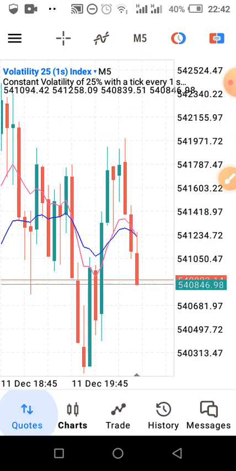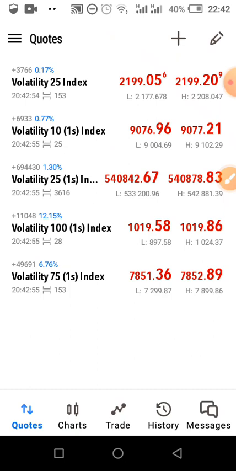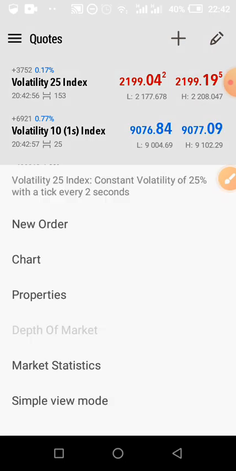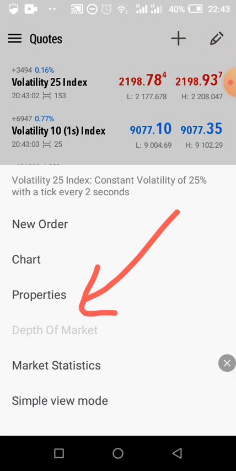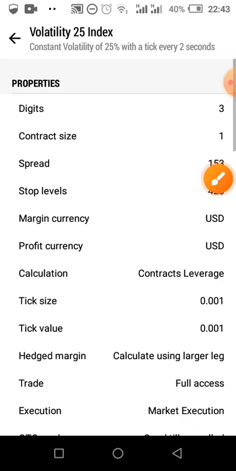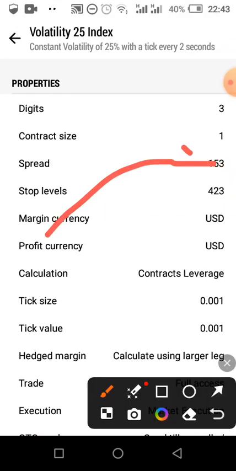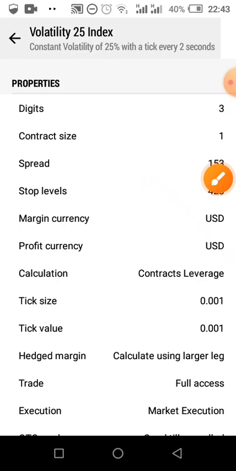Now with derivative synthetic indices, when trading volatility indices or other synthetic indices, you have more of fixed spreads. If you come to the properties, you will see that where it's written spread, there's an actual amount written there, and it won't be written floating, like what many brokers would offer in financial instruments when trading maybe stocks, bonds, or other financial instruments of real world markets.